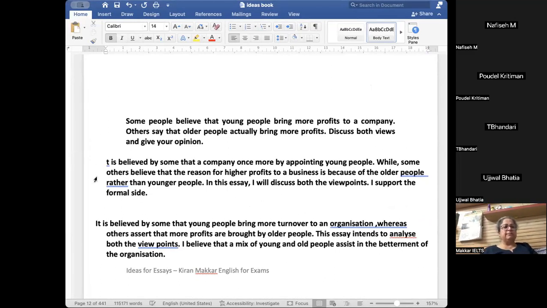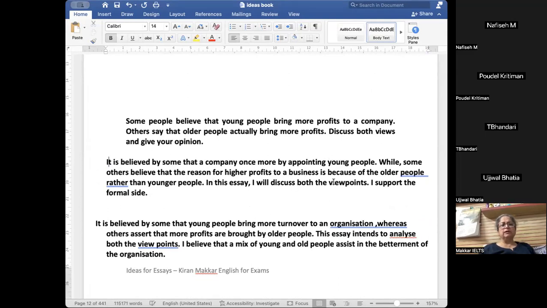It is believed by some. So here it has to be, it is believed by some, that's good, that a company earns more by appointing young people, while some others believe that the reason for higher profits to a business is because of the older people rather than younger people. Excuse me, ma'am, it's a typing mistake. Instead of once, it is earns more.